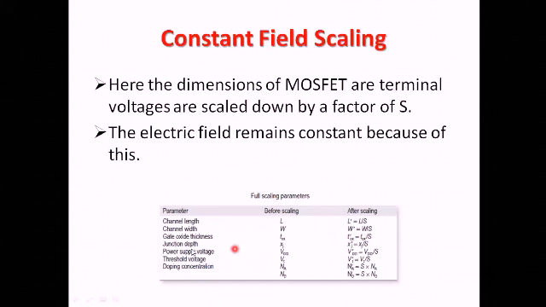Now you can see all this junction depth, power supply voltage, and the threshold voltage, all these are being scaled down, and the new quantities are all given in dash.